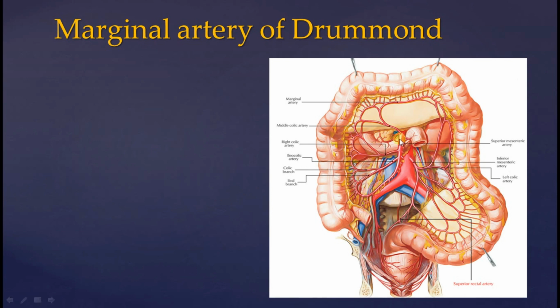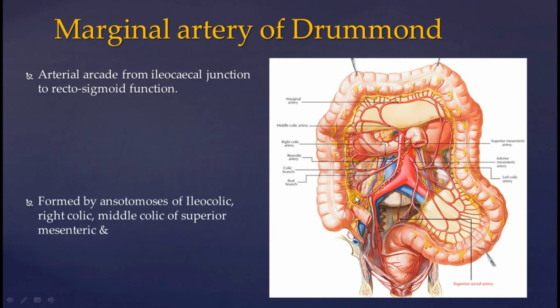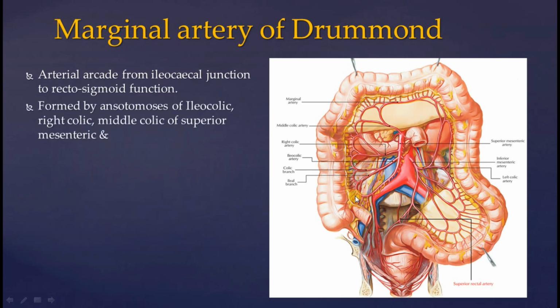So if you look at the branches from the superior mesenteric, they form arterial arcades, and they form a continuous, one large arcade-like structure which is called the marginal artery of Drummond, formed by the anastomosis of ileocolic, right colic, middle colic.